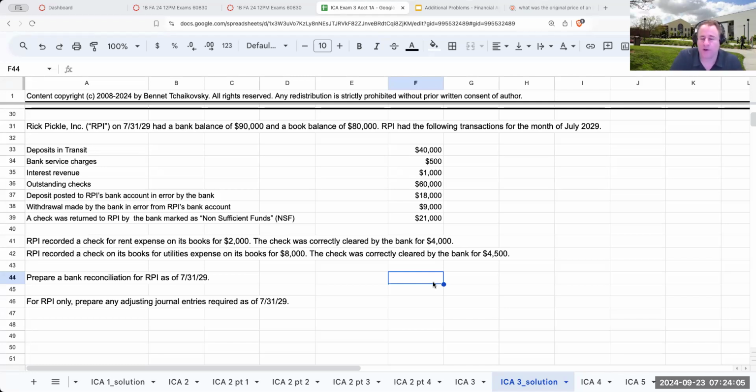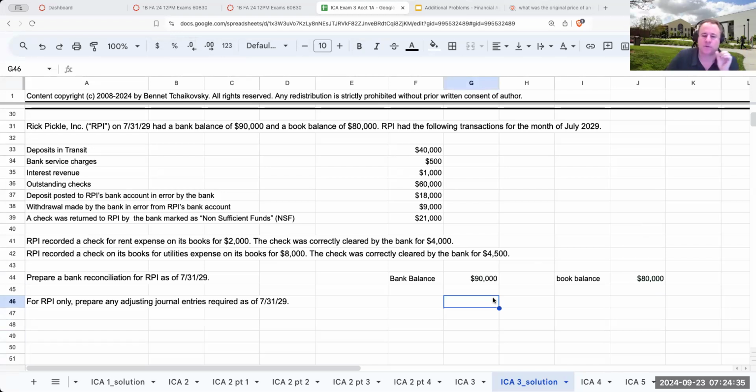So we've got Rick Pickle on 7/31/29 had a bank balance of 90,000 and a balance per books of 80,000. When I do these questions, I'm not going to start doing journal entries.